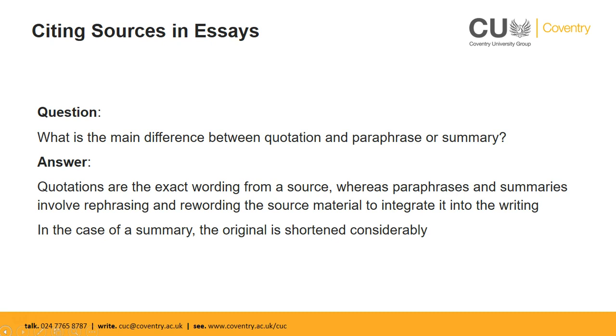In the case of a summary, the original is condensed and shortened considerably. We're talking about maybe a couple of paragraphs into a couple of sentences or clauses, or even a chapter or a whole paper into something that's a sentence in length.